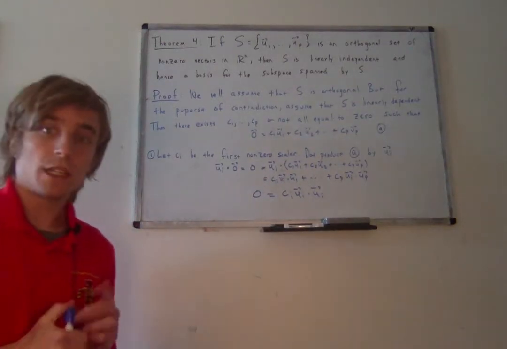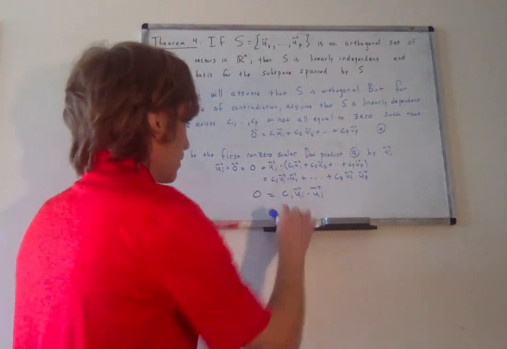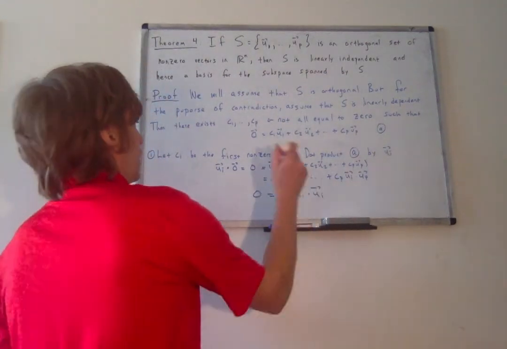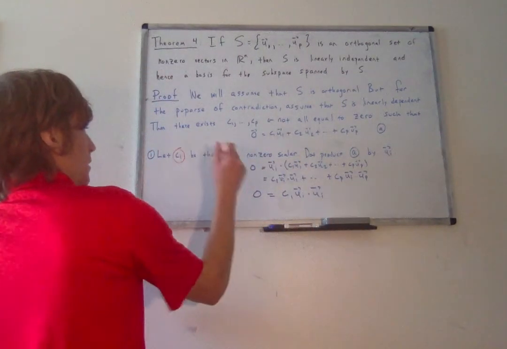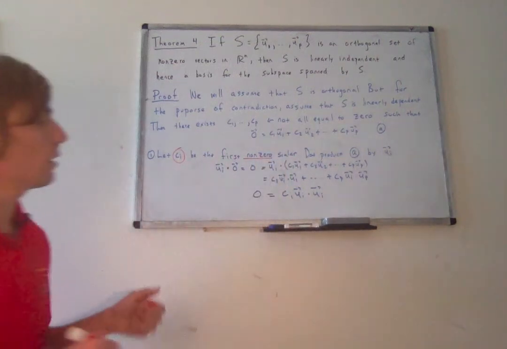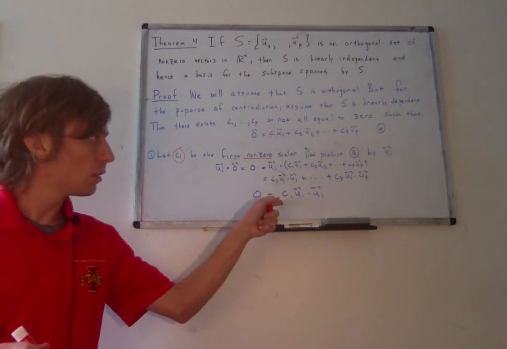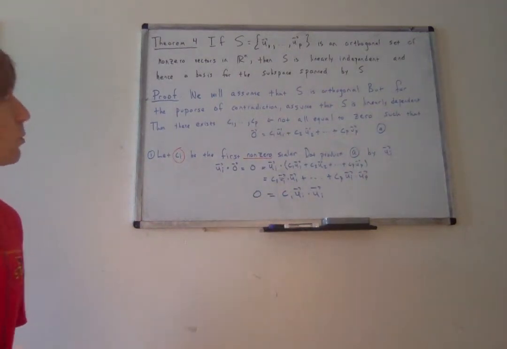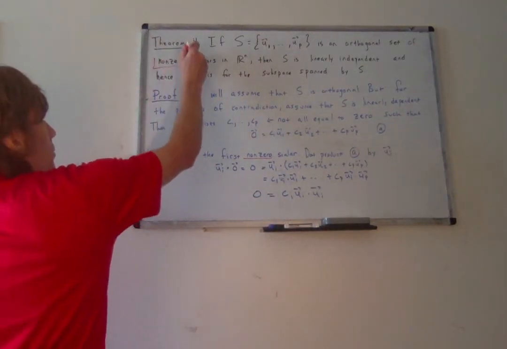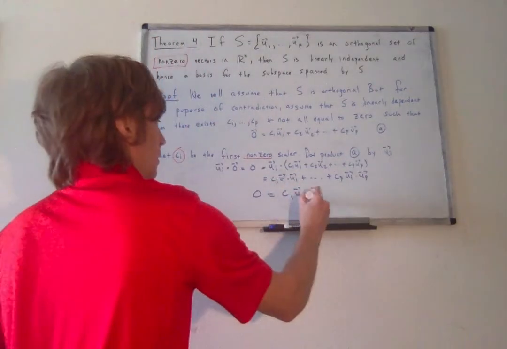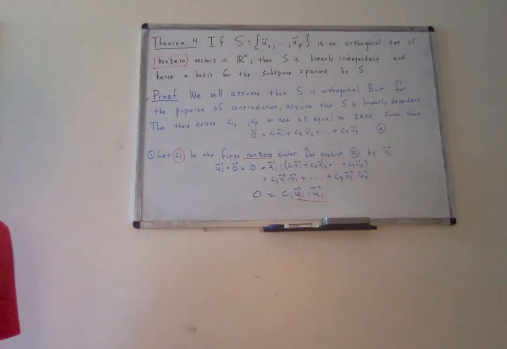And so now we are beginning to arrive at our contradiction, because we know that c sub i is non-zero. So I've got one non-zero thing, but I've also assumed that all of the vectors in my set S are non-zero.